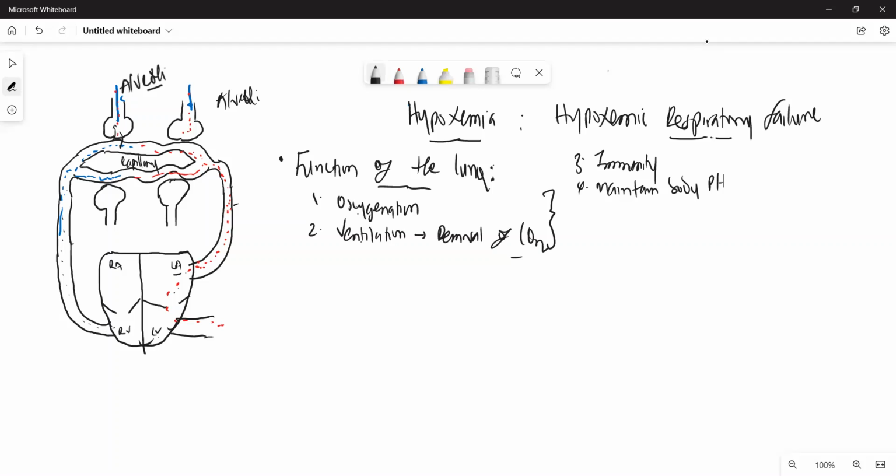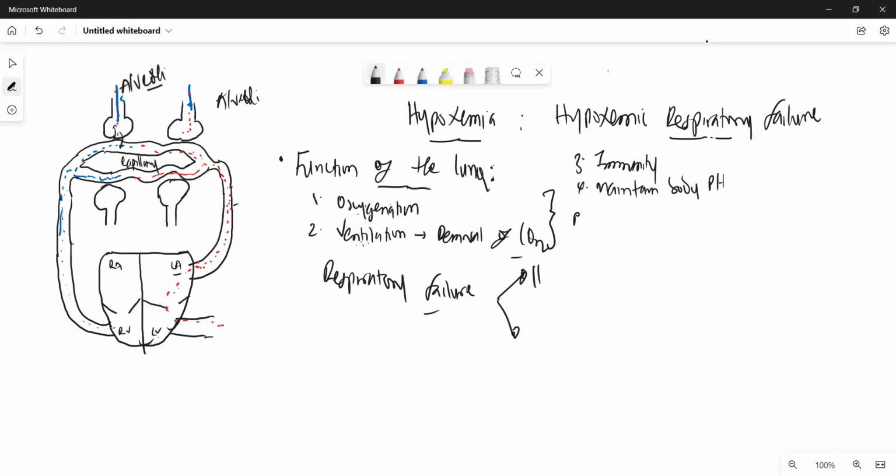And when the lung cannot perform any of these two functions anymore, or both of them, then we say that the lung has failed. So hence comes respiratory failure. So that patient has respiratory failure. And when we look at respiratory failure, right? Respiratory failure could be a problem with oxygenation, right?